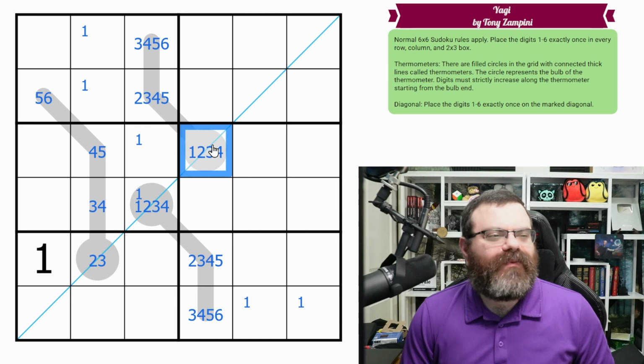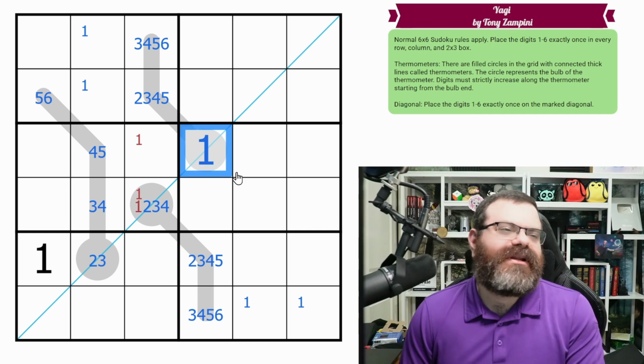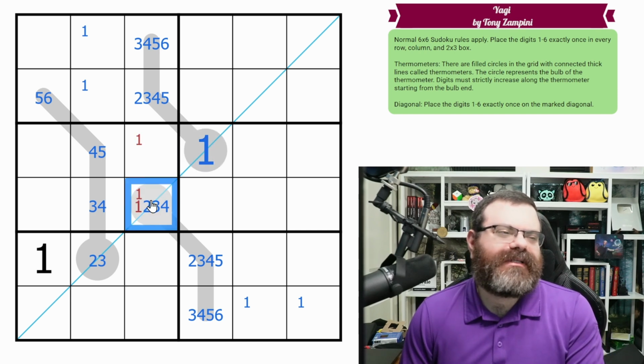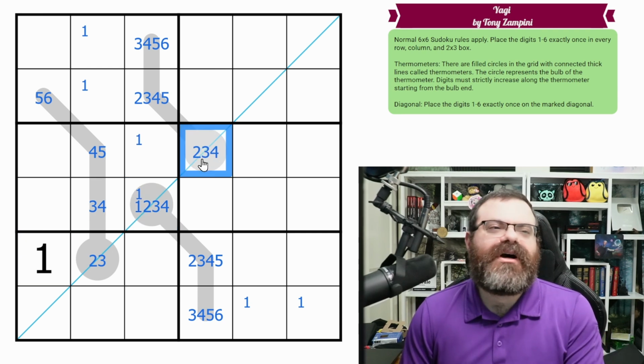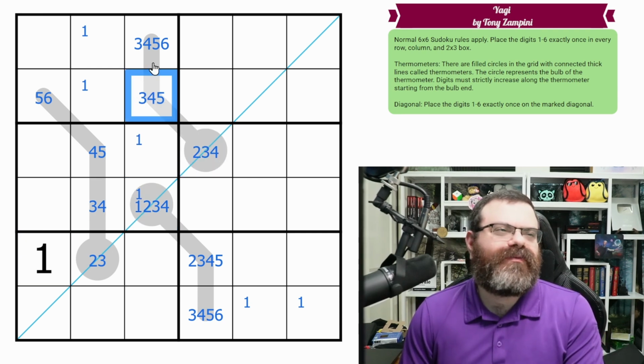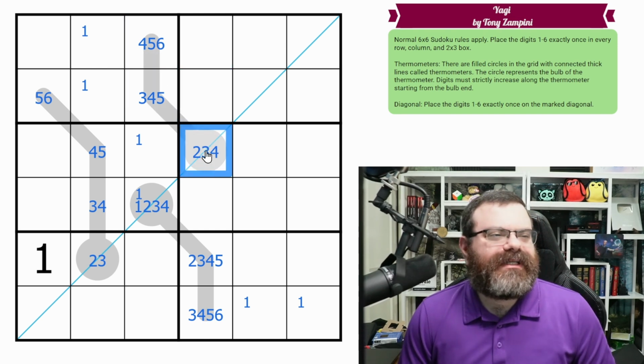Interesting. So this can't be a 1. That's neat. Okay, this can't be a 1. Because imagine it was a 1. Well, this can't be a 1 now because of the diagonal. This can't be a 1 because of the thermo, and this can't be 1 because it sees a 1. Therefore, this can't be 1. And when we remove the lowest digit, that propagates upward, removing the lowest digit as we go. So that limits these. This is not a 1.